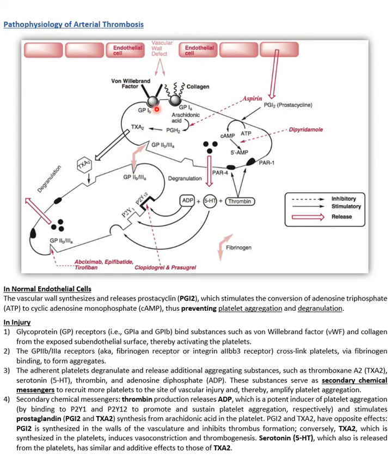They bind to a receptor called GP, glycoprotein IB, and glycoprotein IA. So this is the first step, and due to this binding, this site here is activated, which is responsible for causing the platelets to stick together through the fibrinogen.